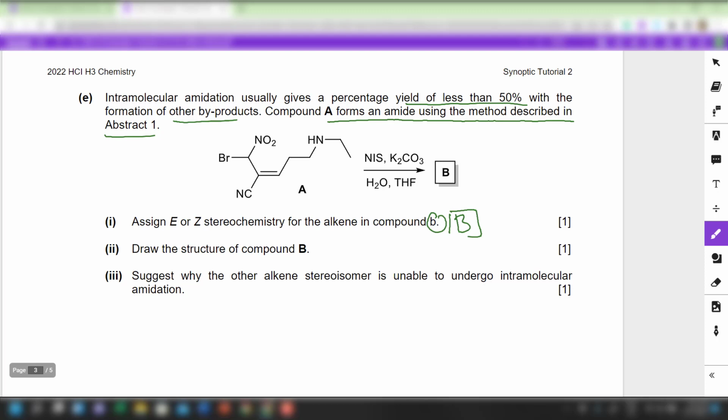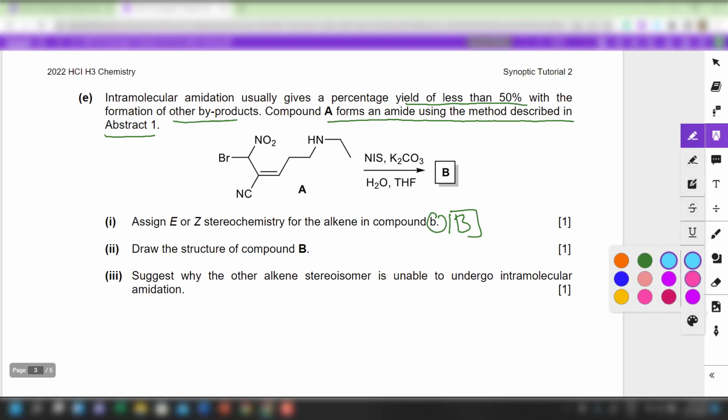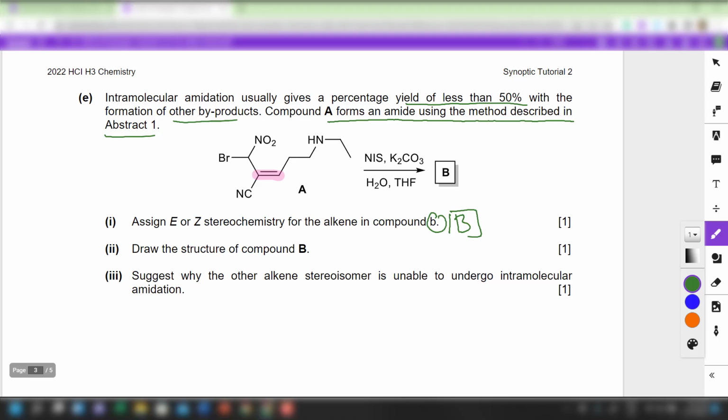We do not expect the stereochemistry of the alkene to change much, so it will remain like this. Let me color the group with a greater priority in yellow. If it's going to form the cyclic product, before I highlight, I'll number the carbons: 1, 2, 3, 4, 5.